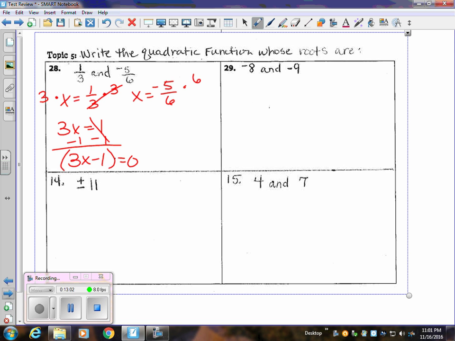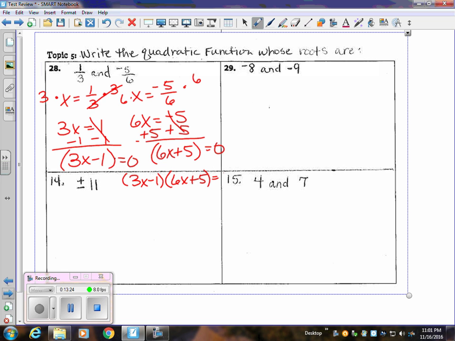Over here, I'm multiplying by that 6. 6x equals negative 5. Add 5 to bring it back. So 6x plus 5 equals 0. Now we need to put it together. So (3x minus 1)(6x plus 5) equals 0.